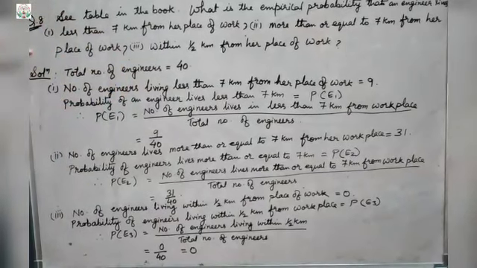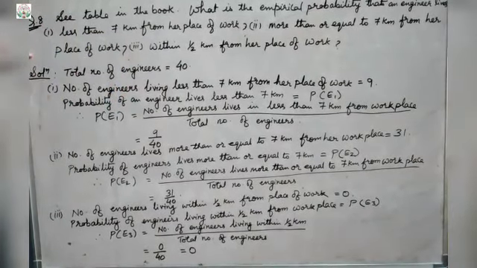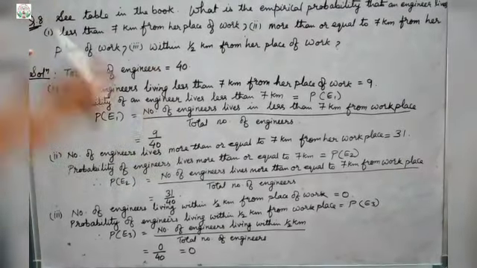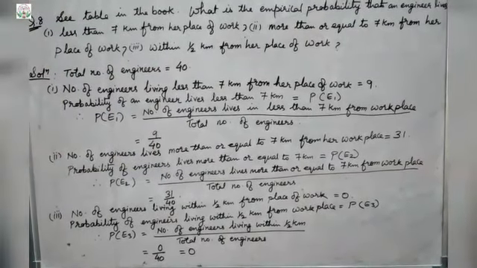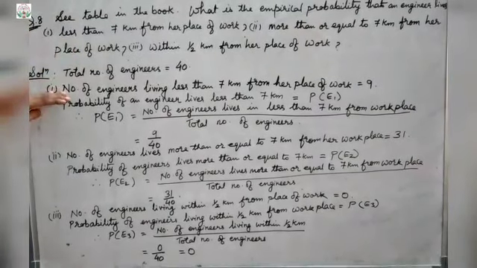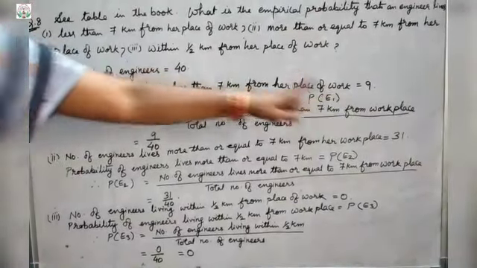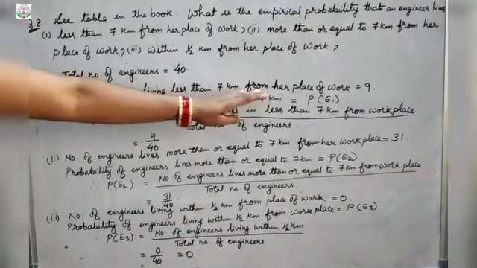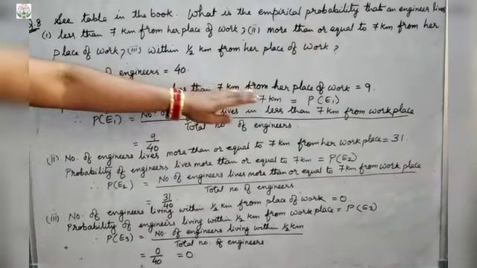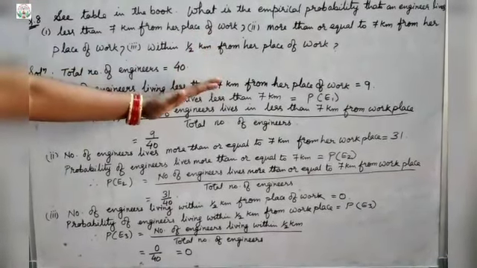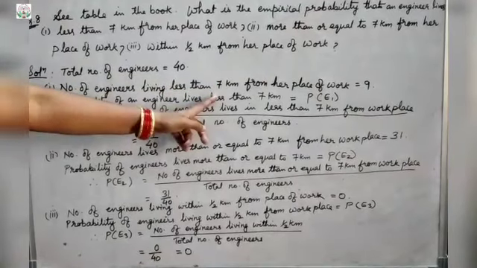So see the table from the book. How many engineers have a 5 kilometer distance, 3 kilometer distance, 1 kilometer distance? Likewise, keep on counting. When you count the number of engineers, you will see that 9 engineers live less than 7 kilometers from their place of work, or workplace, you can also say.